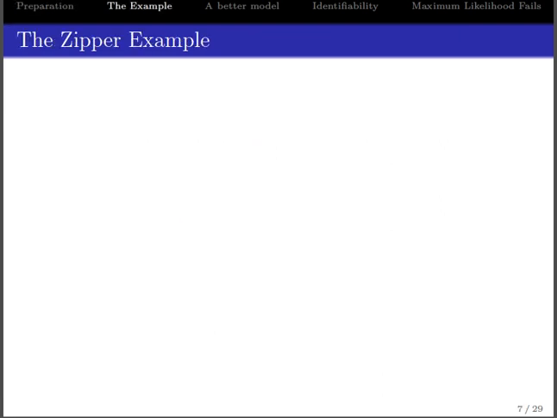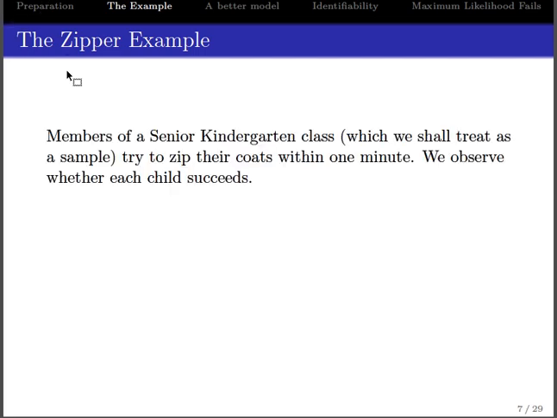We'll use this tool. And now here's the zipper example. Members of a senior kindergarten class, which we'll treat as a sample, try to zip their coats within 1 minute. We observe whether or not each child succeeds. How about a model? Well, before we pick a model, you see that this is a lot like the coffee example, and succeeding at zipping your coat is a lot like picking the new brand of coffee.